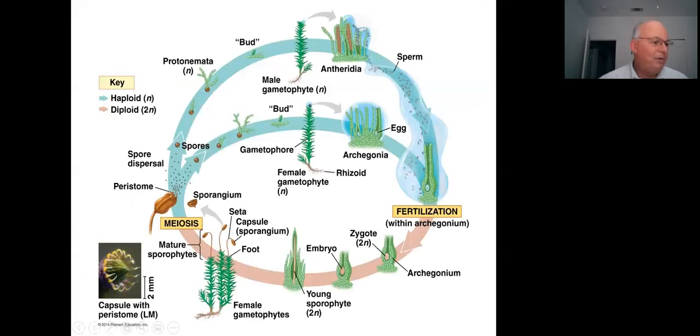When we take a look at the life cycle, maybe I should move this a little bit higher up for the time being, we can follow through the life cycle by focusing on the dominant form in the landscape, and they are said to be gametophyte dominant.